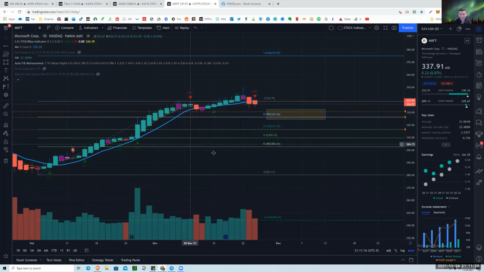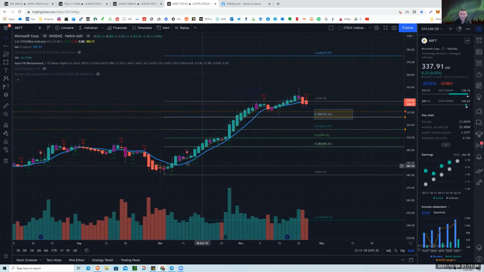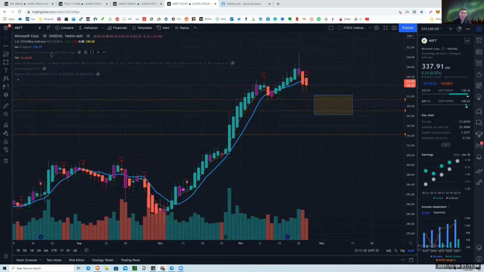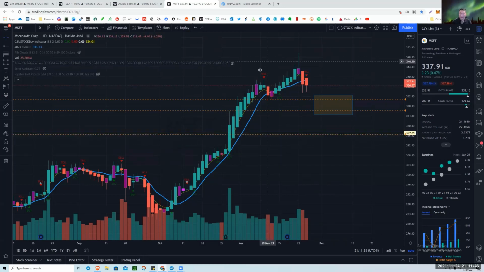And again, it's Microsoft. If we did it for other stocks like DraftKings or Lemonade, it would be way down there. So those are some of the ways to get a sense of support and resistance, and you mark it on the chart. You can do an Alt-H to draw a horizontal line like this, okay?